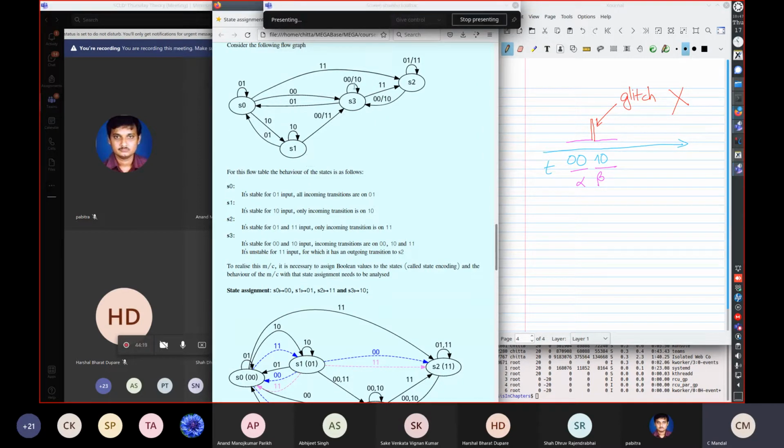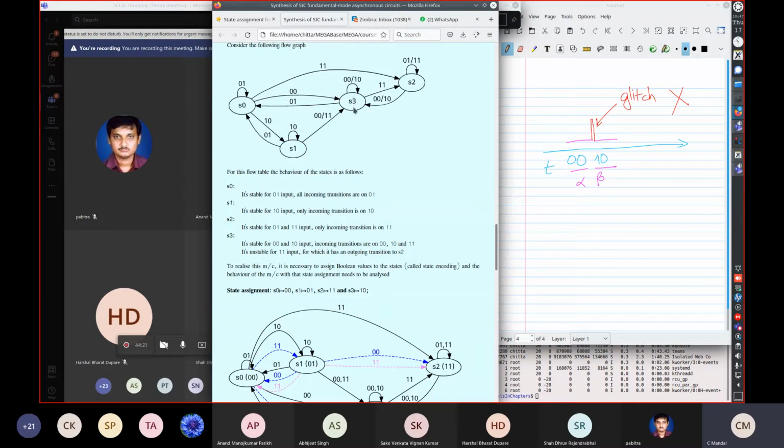Now, it is unstable for 1, 1 input, and when the input changes from 1, 0 to 1, 1, we are still with the single input change model. So from 1, 0, if it changes to 1, 1, it goes to S2.